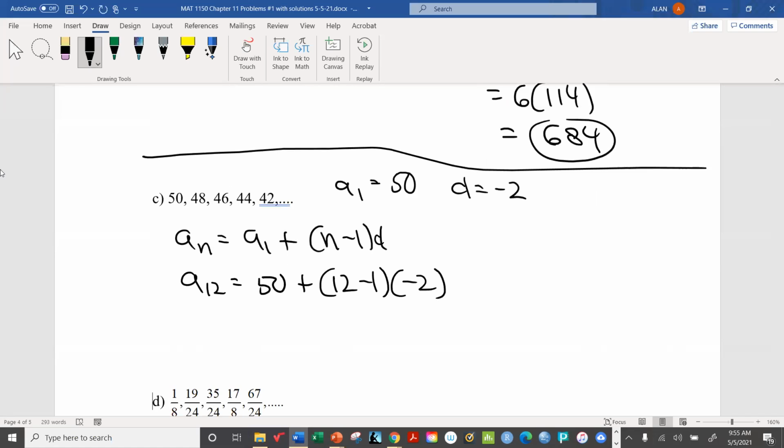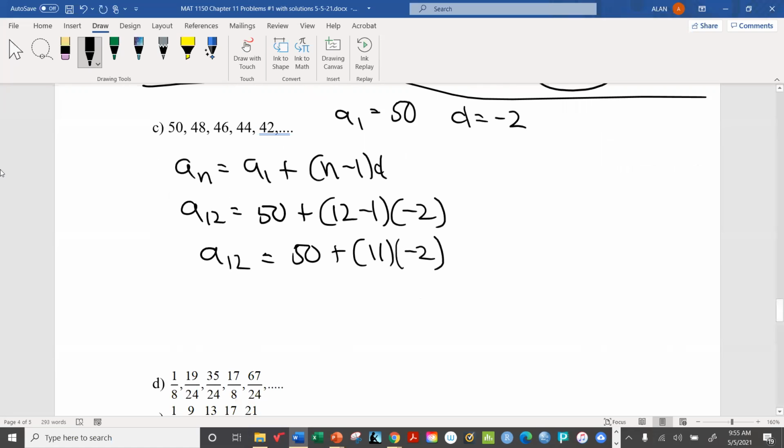All right, so whatever this number is, it'll be smaller than 50, of course. So we end up with 50 minus 22, which means, of course, 28. All right, so if we keep going, the 12th term will be 28.